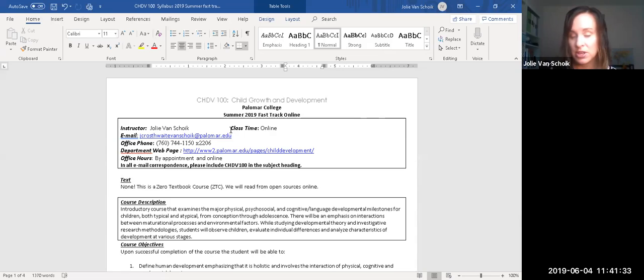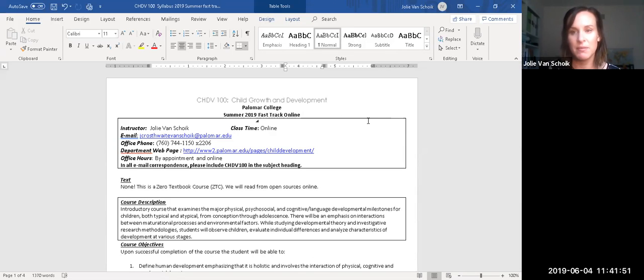If you don't regularly check that, please link your personal or your professional, your work email, whatever it is, to the Palomar one so that they forward your Palomar student emails to the one that you check more regularly, because that's where you're going to find out important things from the university or from the college.